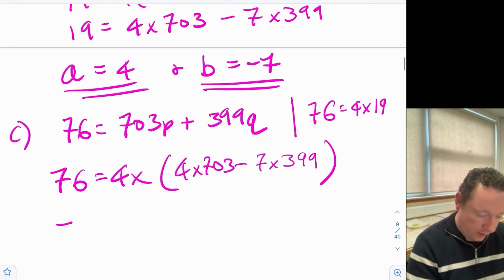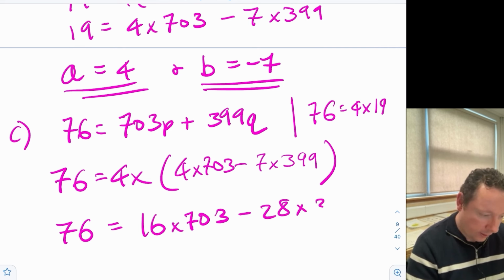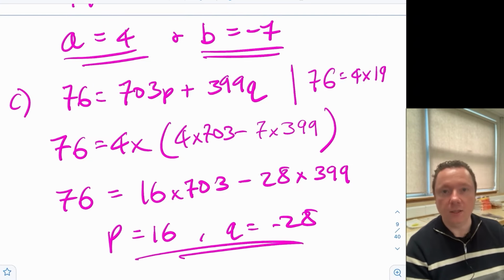So that means that 76 is equal to 4 times 4, which is 16, times 703, minus 4 7s is 28, times 399. In other words, P equals 16 and Q equals minus 28. And we're done there.